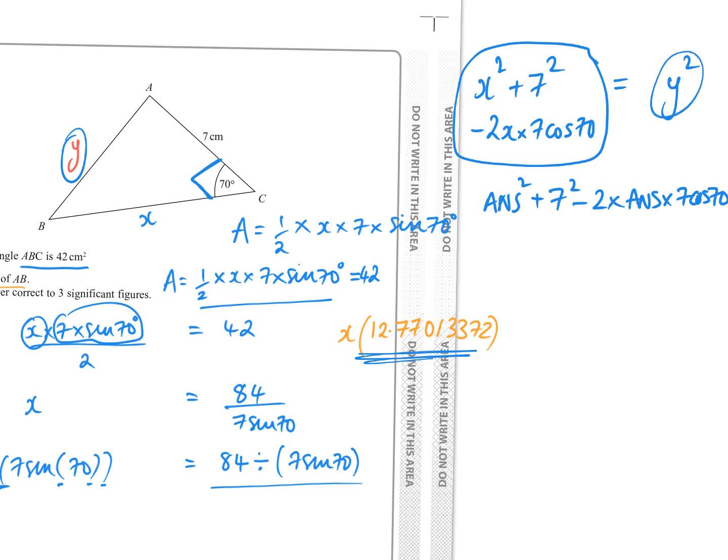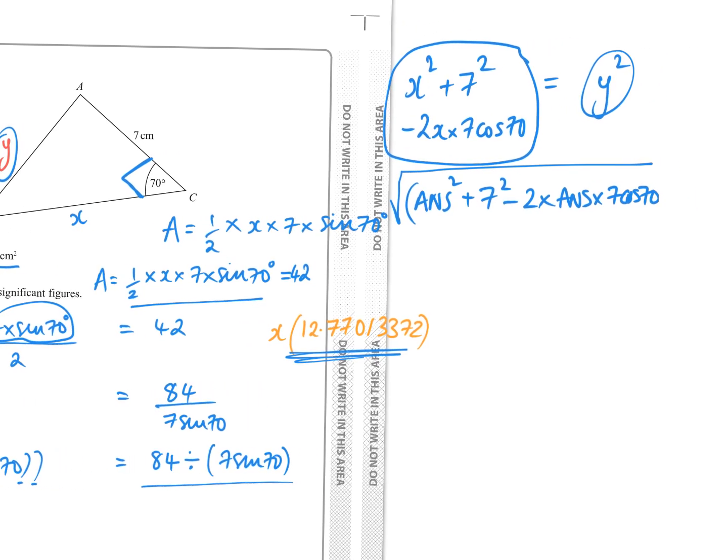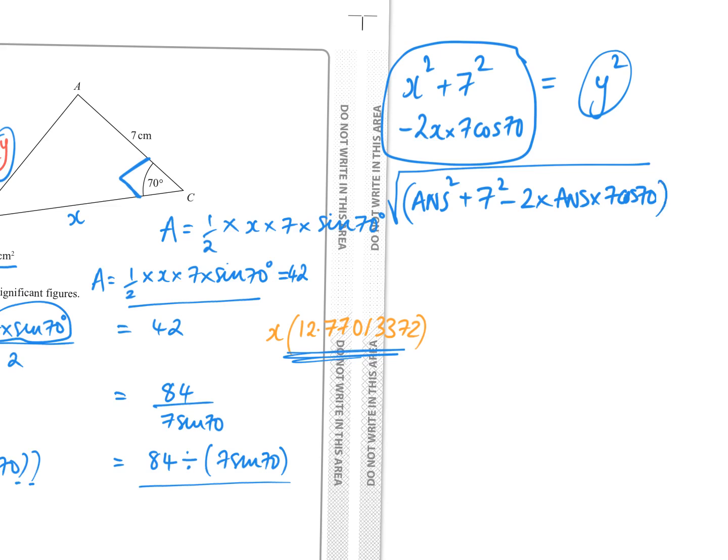You can either do that all in one go, so you can either do this and then put a bracket here, or you could have just done this first and then square rooted it at the very end. So I'm going to do it all in one go. So I'm going to try this.